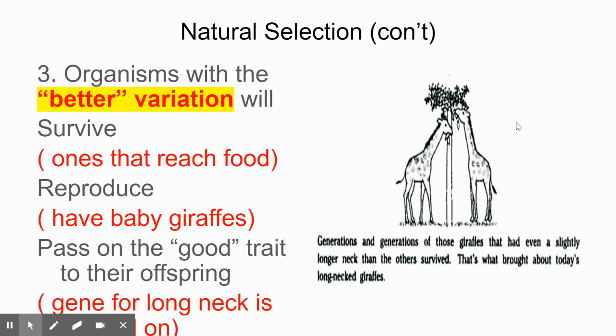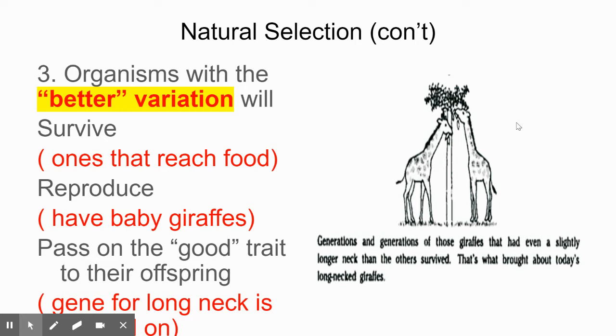All right, so we talked about our giraffes with short necks and our giraffes with long necks, and we said that the giraffes that had the better variation were the ones with the long necks. They're the ones that are able to reach the top of the trees and eat. Those are the ones that are going to be able to survive. So giraffes with the long necks can reach the food, they can survive.